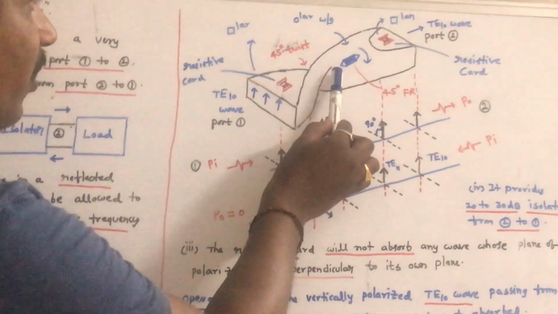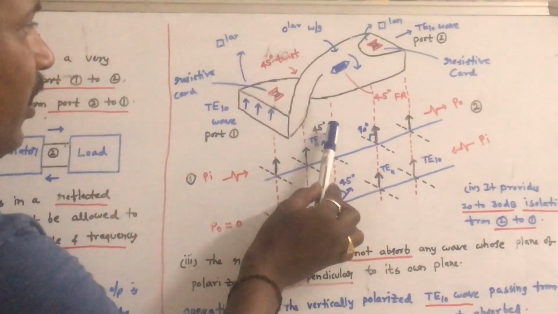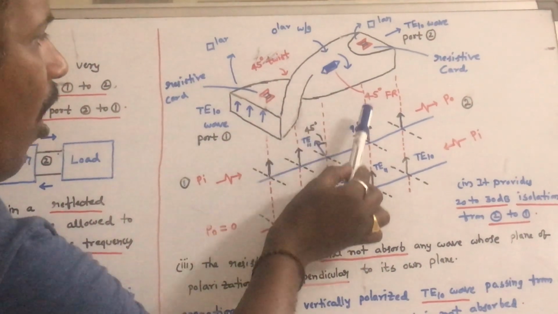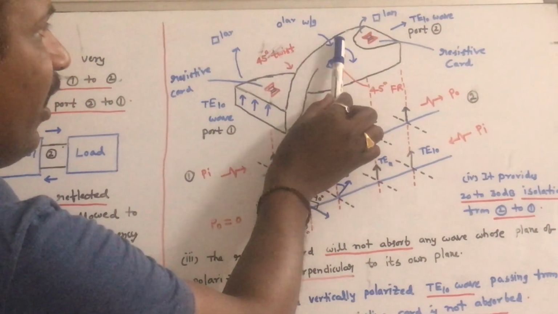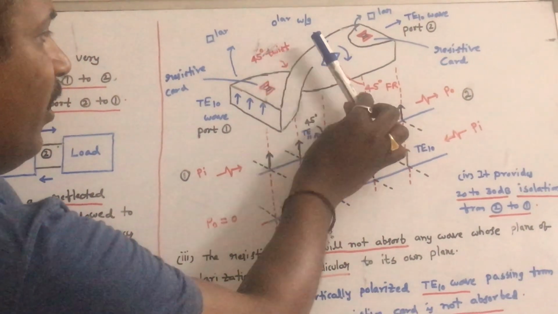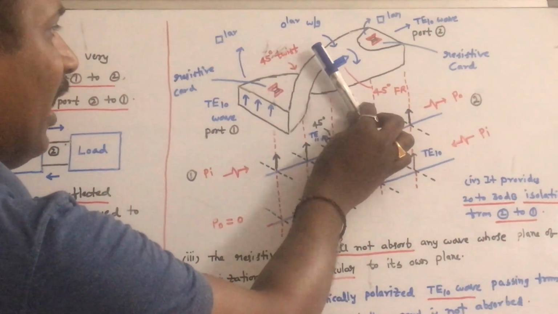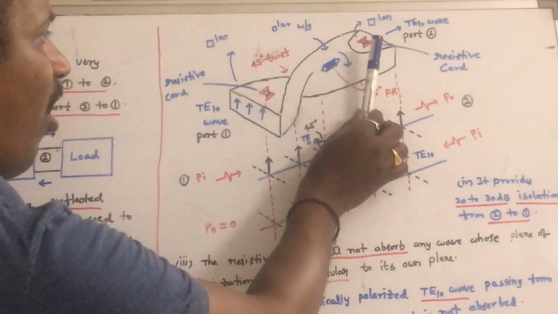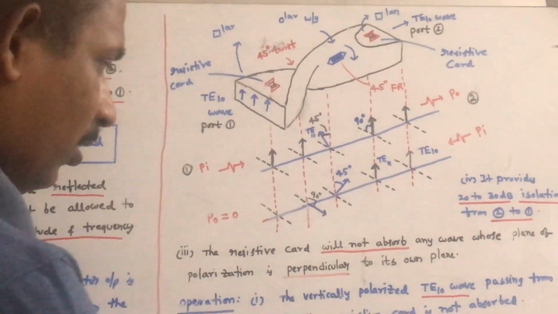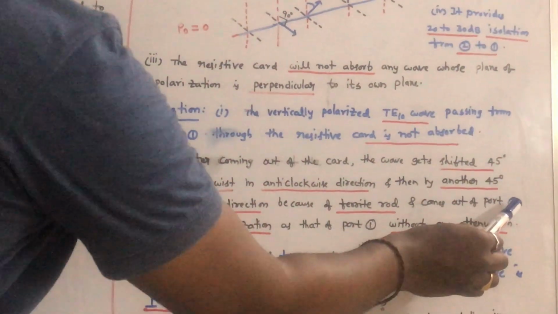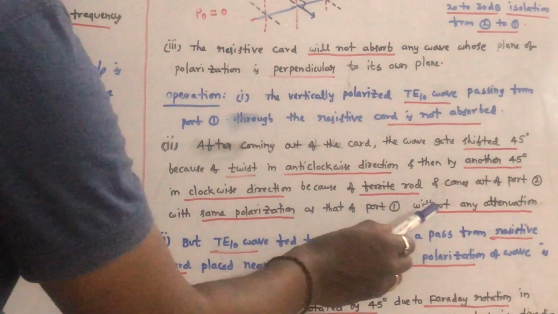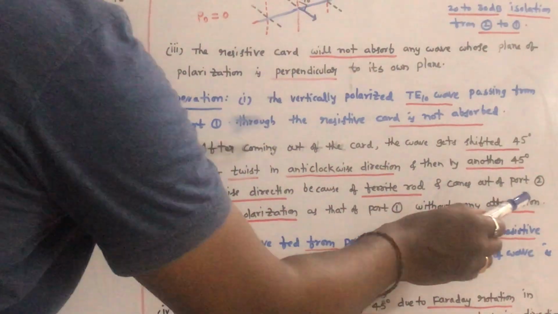So after the twist, it is rotated 45 degrees in anti-clockwise direction, but when it is coming out of the ferrite rod, what will the ferrite rod do? 45 degrees in clockwise direction. So therefore this wave is again rotated back by 45 degrees in clockwise direction by this ferrite rod, and comes out of port 2 with the same polarization as that of port 1 without any attenuation.